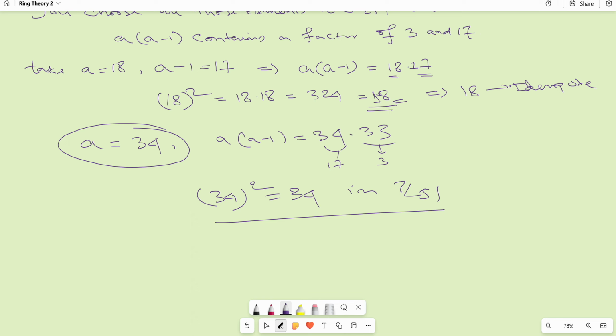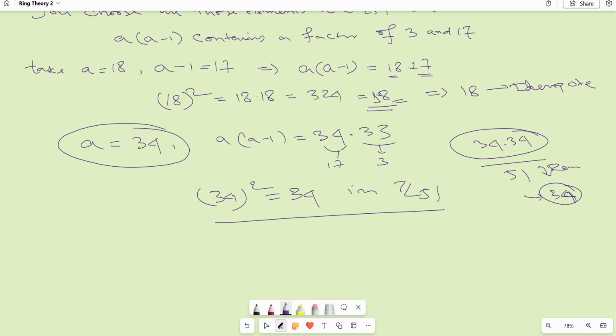If you don't get it, then see the video again, you will definitely get it. Why 34? Because 34 into 34, whatever the number will come, when you divide it by 51, the remainder will definitely be 34.